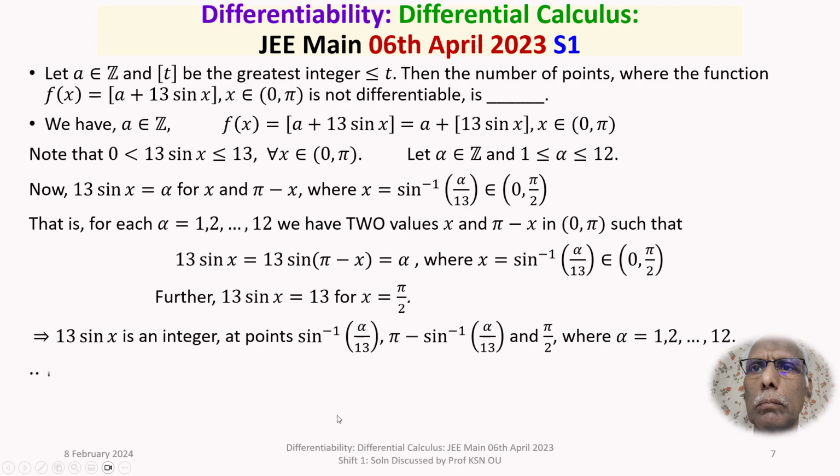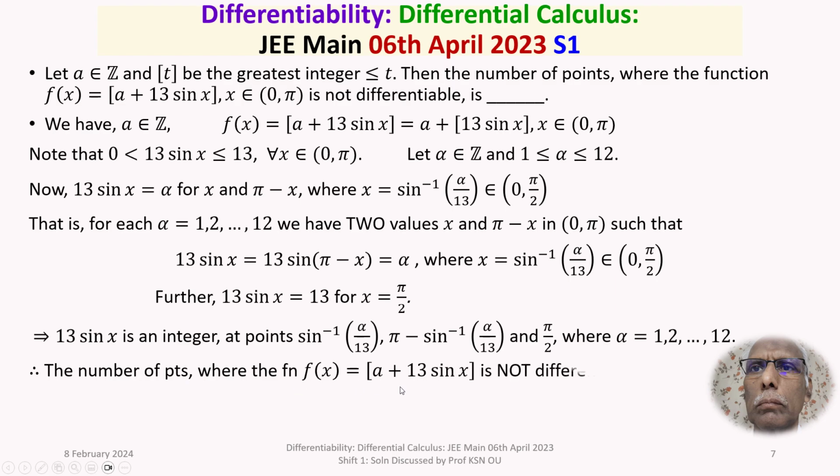So this will imply that the number of points where the function f(x), which is bracket of a plus 13 sin x, is not differentiable is equal to the number of points at which bracket 13 sin x is discontinuous, that is equal to the number of points where 13 sin x takes integer values.